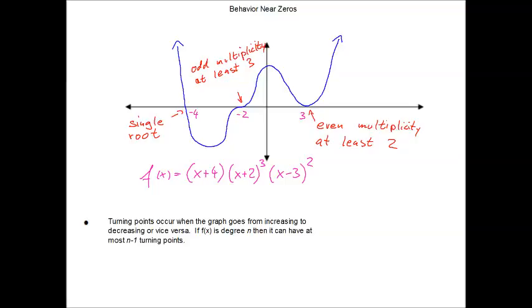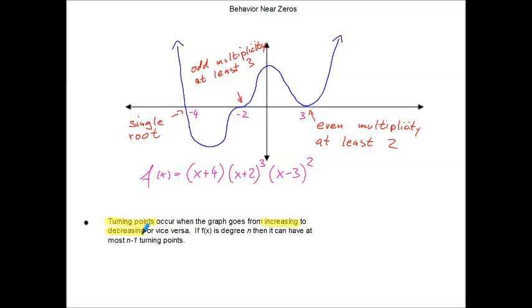In this context, we can now discuss a new concept that has to do with this, and that's the concept of turning points. Turning points occur when the graph goes from increasing to decreasing or vice versa.